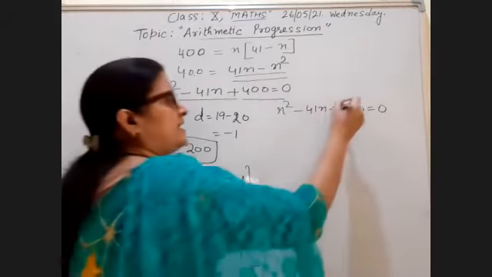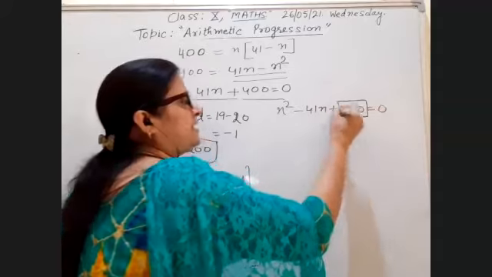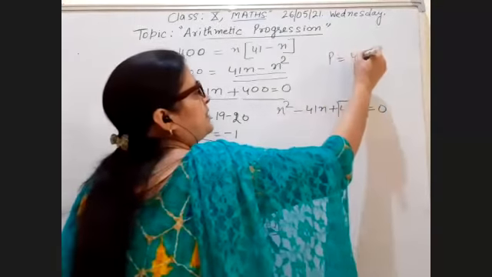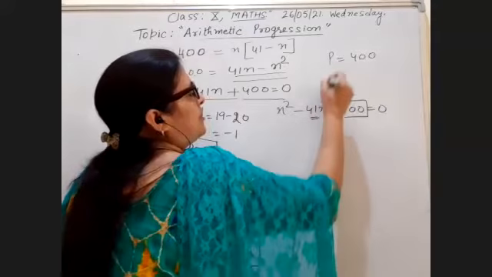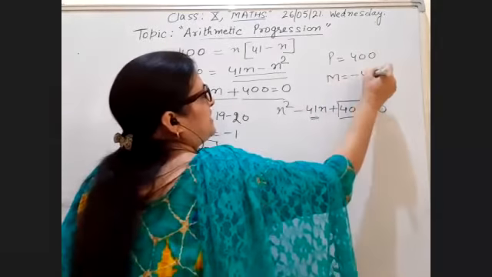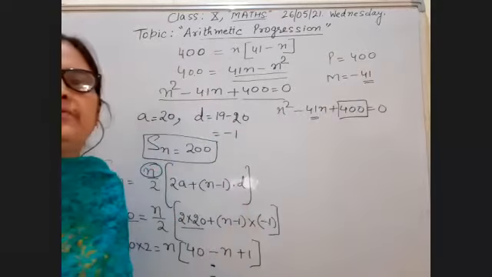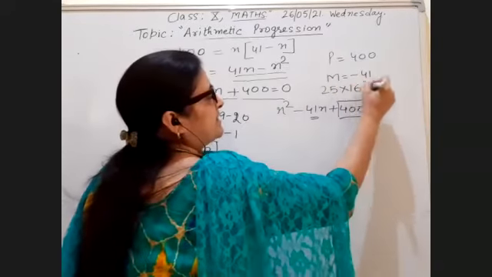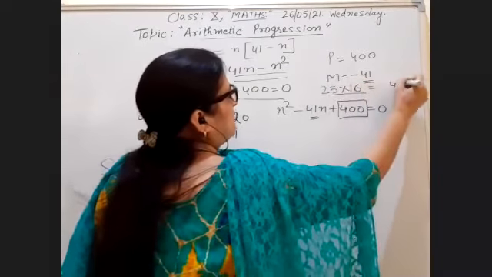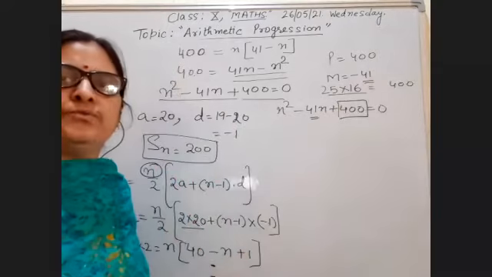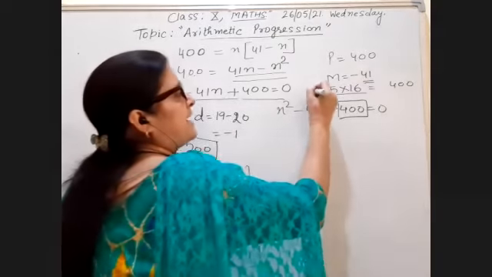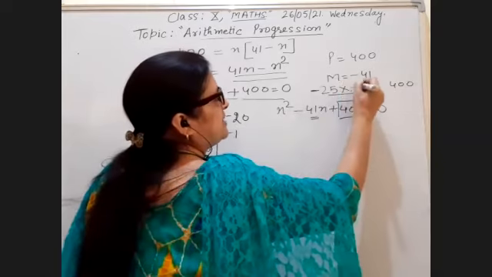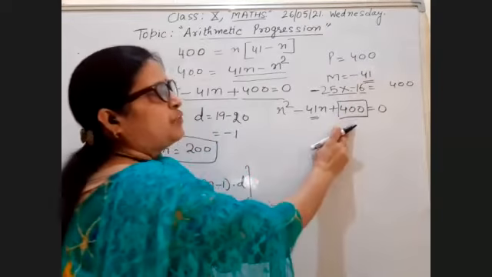You need to consider any two numbers whose product is equal to 400, and the middle term you need is minus 41. I consider two numbers, 25 into 16. When you multiply these two numbers, the product is equal to 400. And here I am writing minus 25 and minus 16 because you need the plus 400.